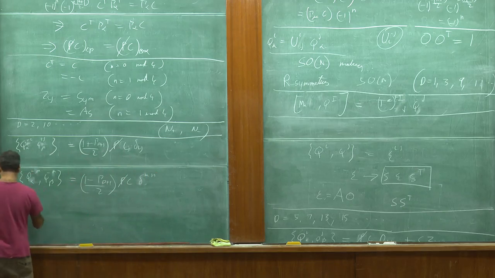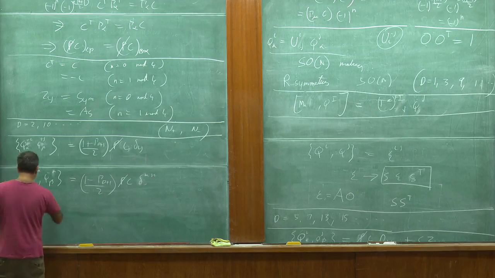And finally, there's the anti-commutation relation between Q plus alpha I and Q minus J beta.